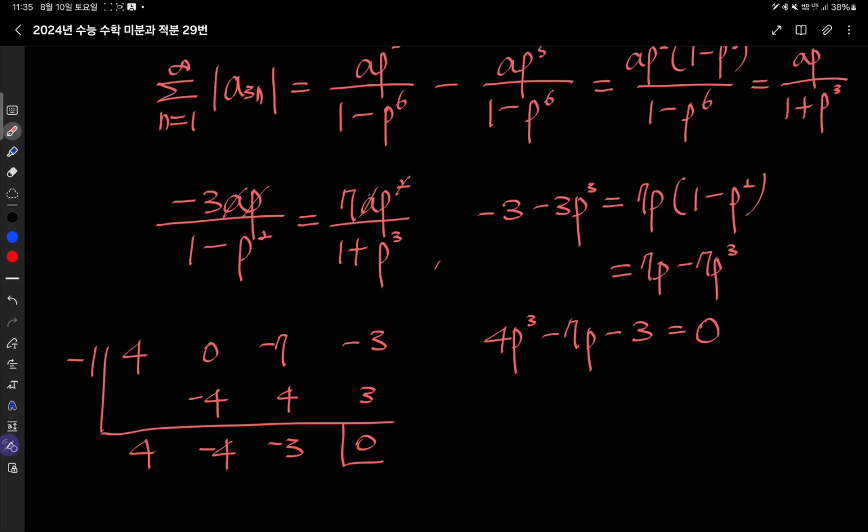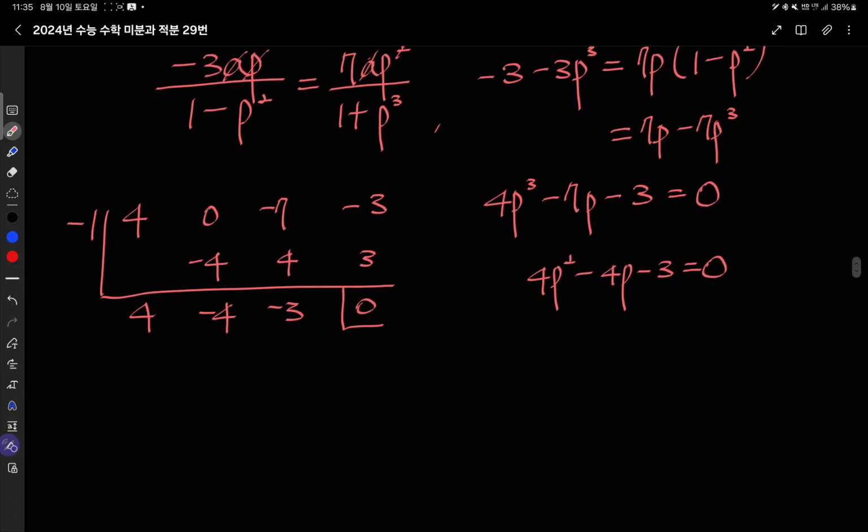So for the quotient, if we keep factoring, the ratio which makes the sequence converge in this case is negative 1 over 2 from this factor.